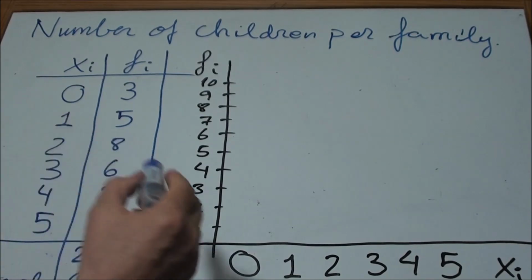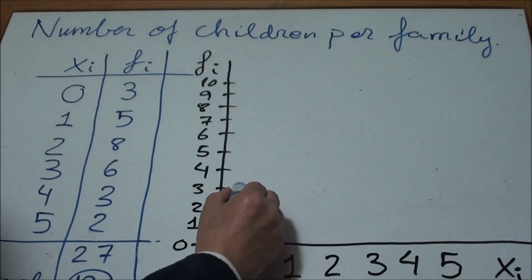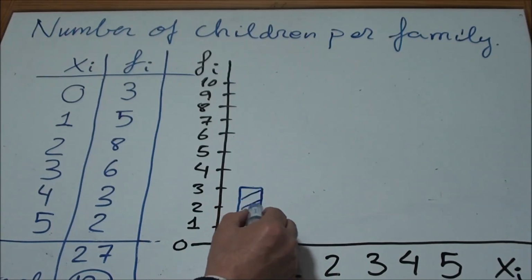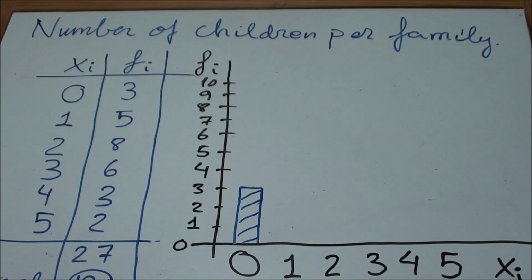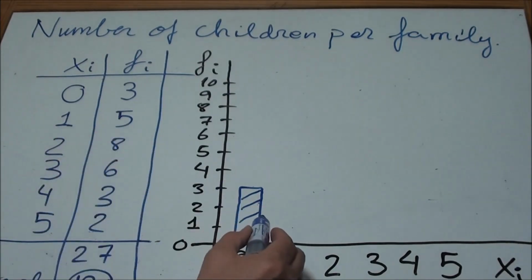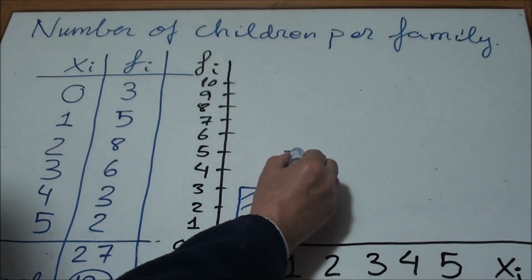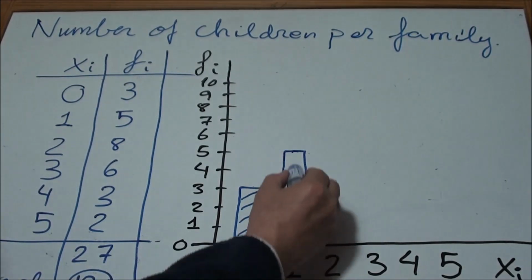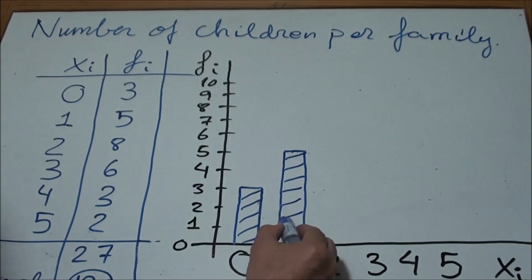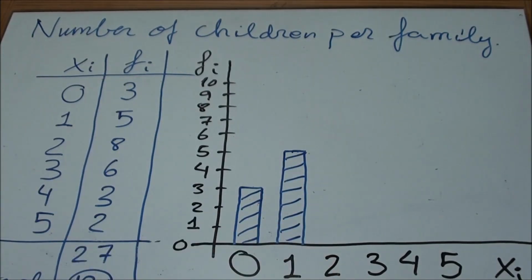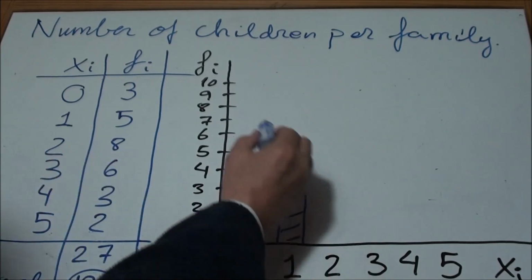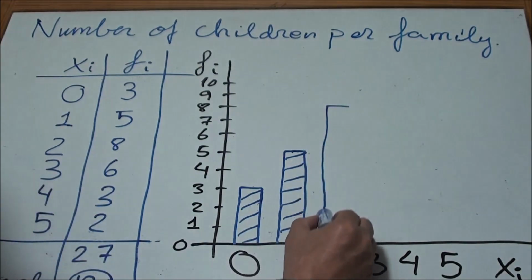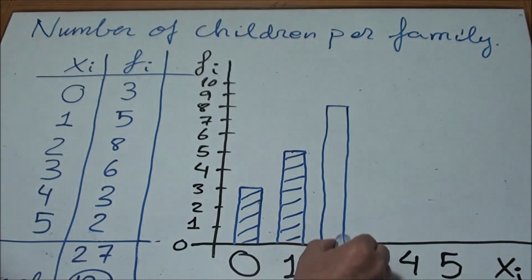And now, for 0 we have 3, so we are going to make a bar here. For 1 child we have 5. For 2 we have 8.